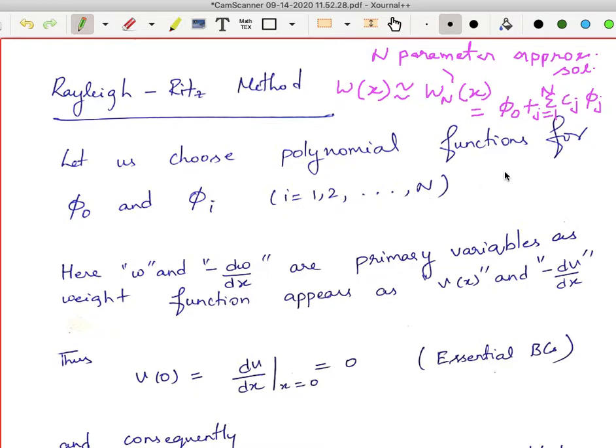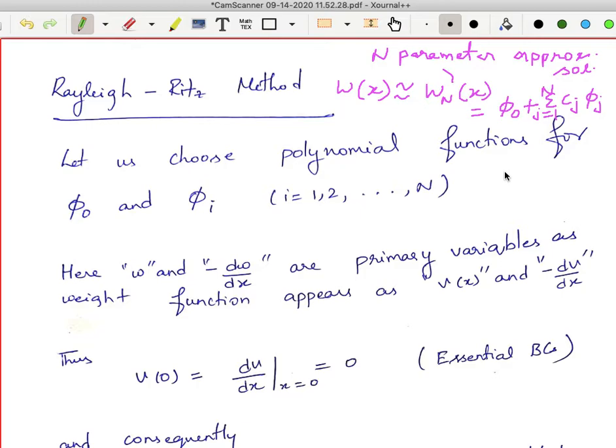What do we have to choose and what do we have to determine in the n parameter approximate solution? We have to choose phi naught and phi j, and the unknowns which we have to determine are Cj.